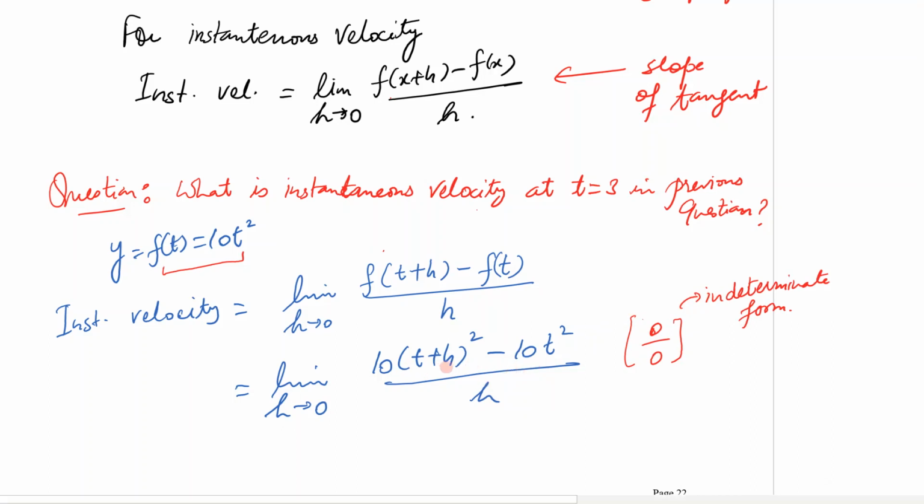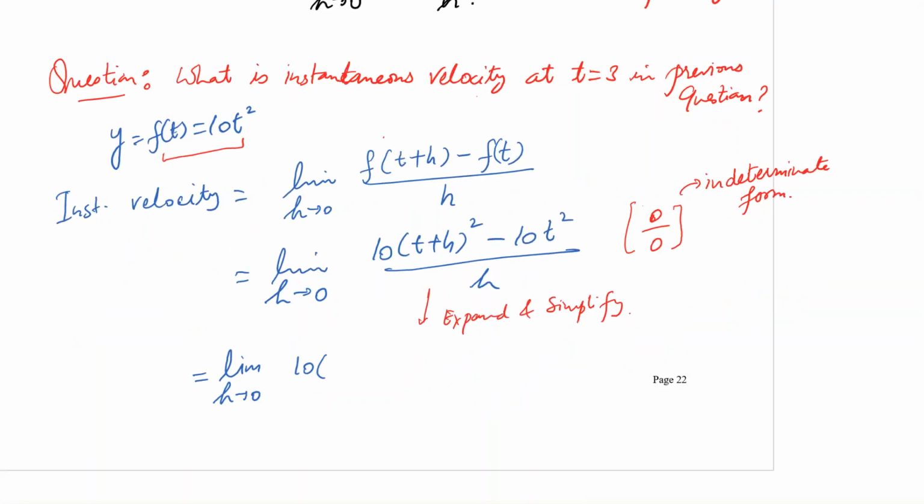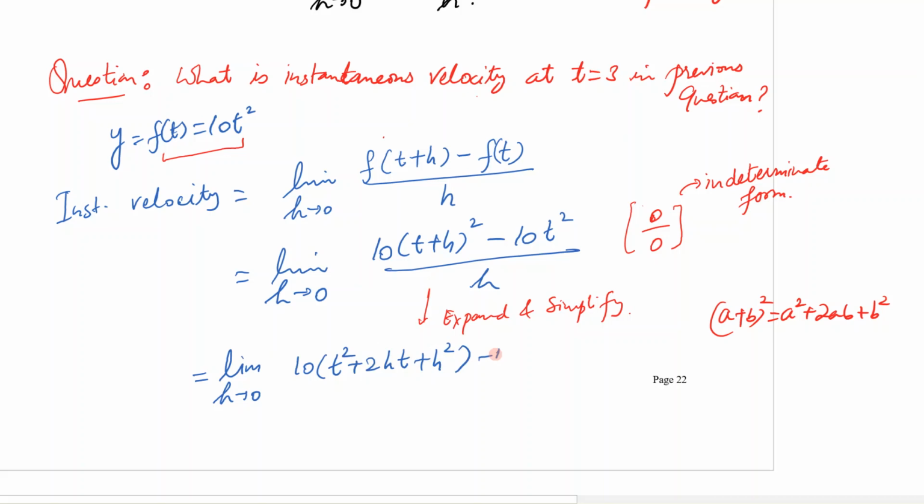So we're going to expand this and then simplify it using the whole square formula. So (a plus b) whole square is equal to a squared plus 2ab plus b squared, and we get 10 times t squared plus 2ht plus h squared, minus 10t squared, over h.